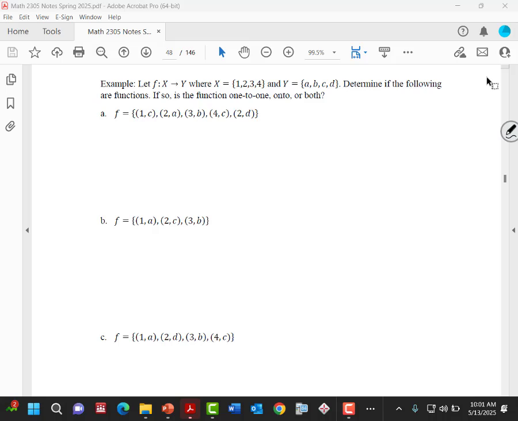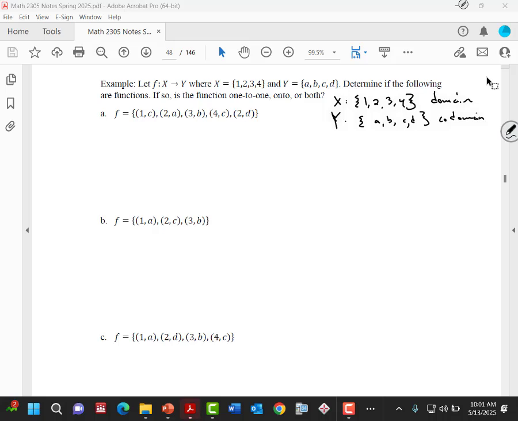Before I jump in, this set X is what we call the domain, and this set Y is what we call the codomain.